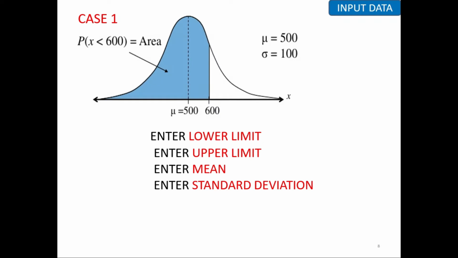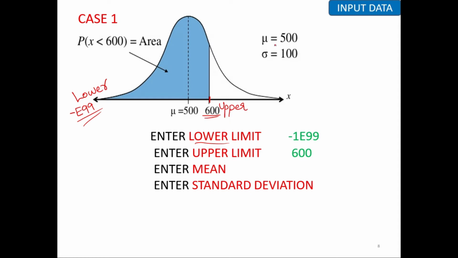Now the data that needs to be entered into the GDC for case 1: we have to enter the lower limit, the upper limit, mean and standard deviation. The lower limit is entered as -1E99, which can also be written as just -E99. The upper limit of this region is 600.